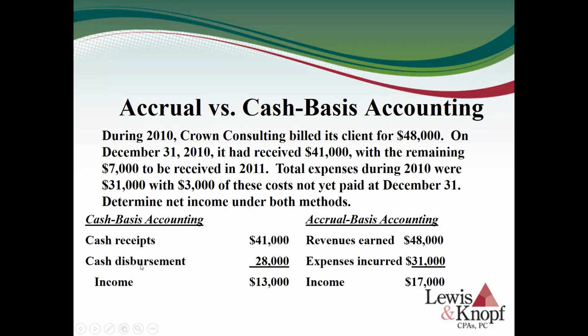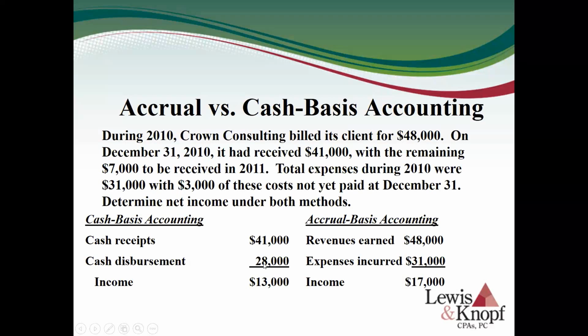In 2010, they made expenses of what? 31,000, with 3,000 of this cost not yet paid. So it means that they incurred a cost of 31,000, but the 3,000 has not been paid.